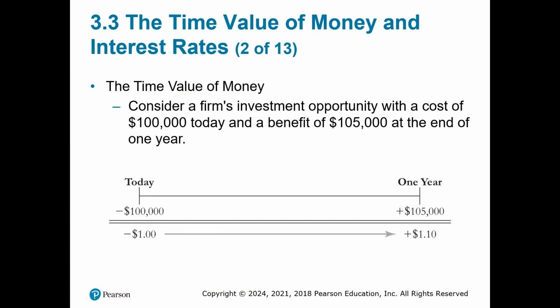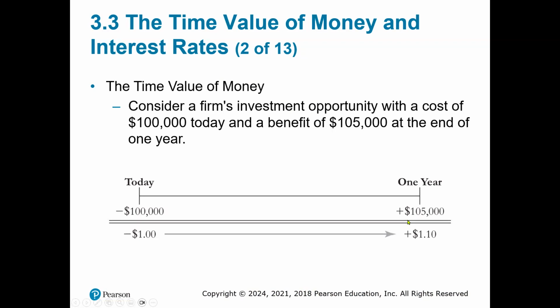Here you see a timeline. This diagram compares the time value of money between today and 1 year. If you read it from left to right, above the line, you see at the left today, there's a negative $100,000. To your right, there's a positive $105,000.